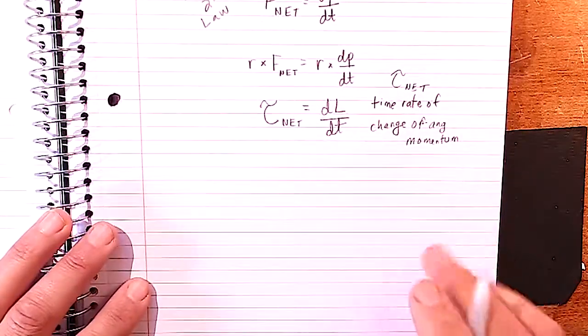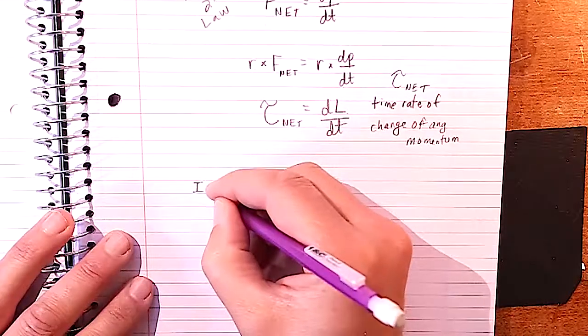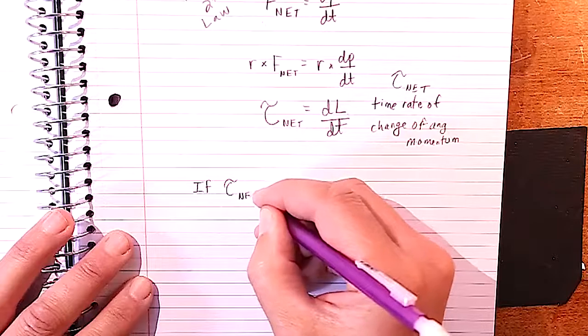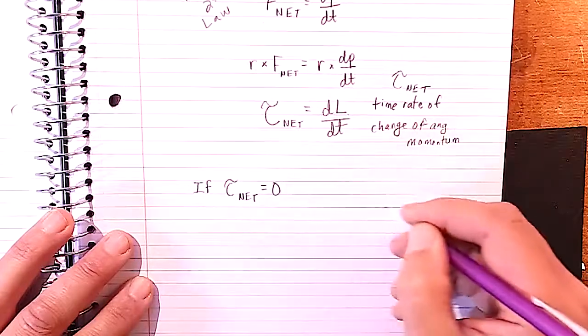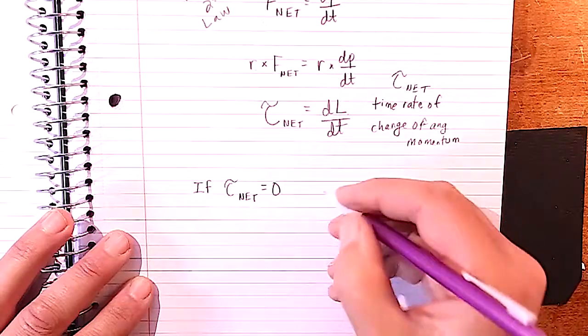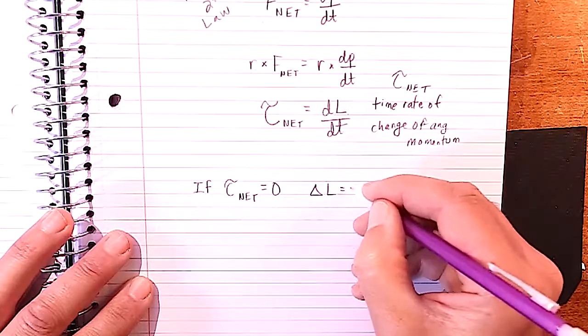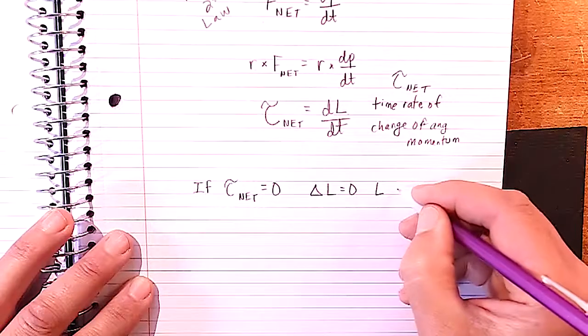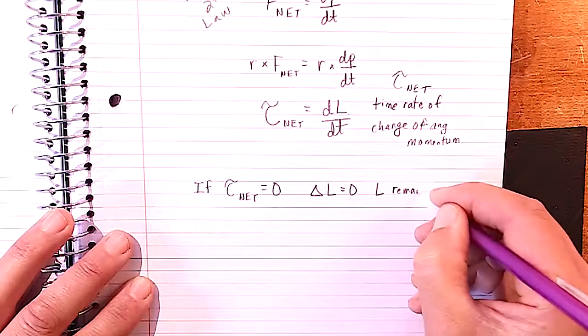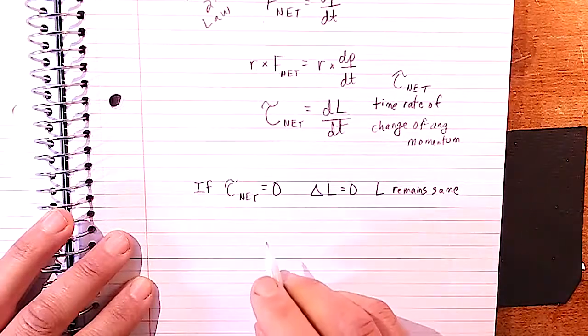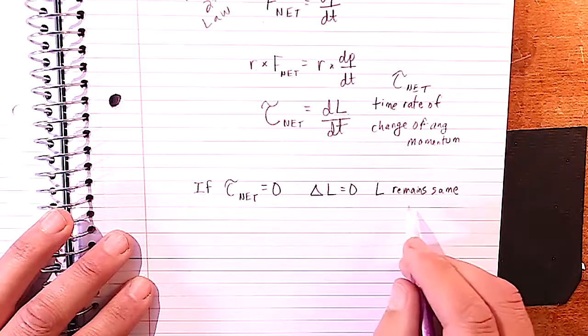So we do have to be careful in some later problems. You're going to see this come up. If the net torque is 0, well, what does that mean? It means that the change in angular momentum is 0, or we could say L remains the same. If there's no net torque, which doesn't mean no torques, then L can't change.